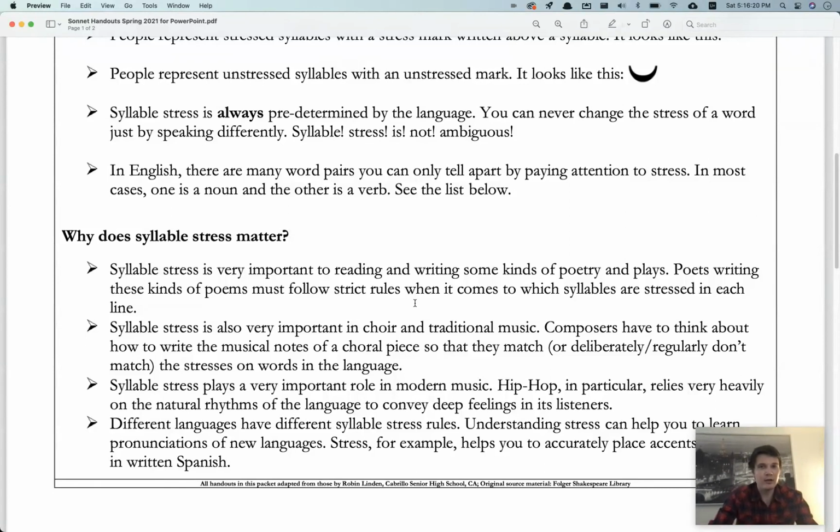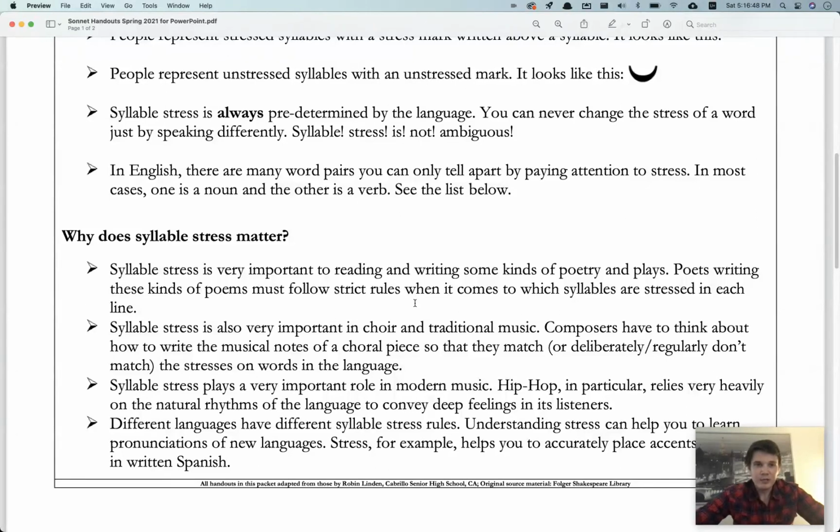And then there's the other one, produce, right, with the stress on the first of the two syllables. Produce is like fruits and vegetables. So those are two radically different words. They're different parts of speech, and putting the stress in the right place is the only way that you can tell the difference between them. So it's important for meaning in English.